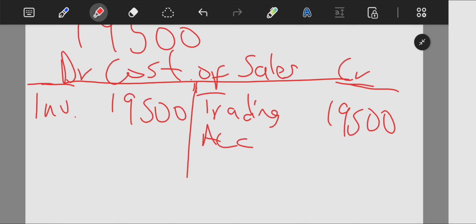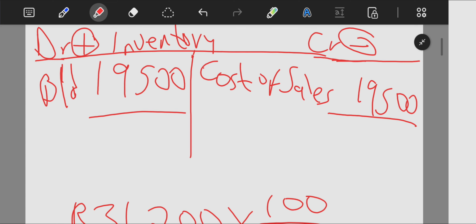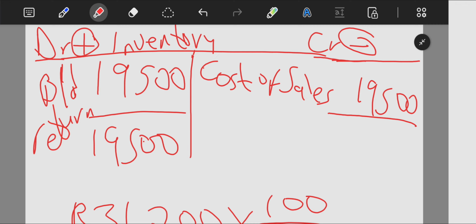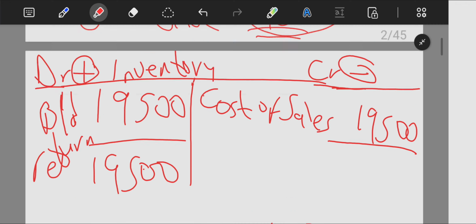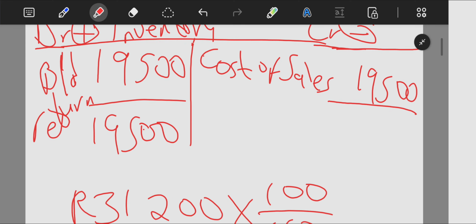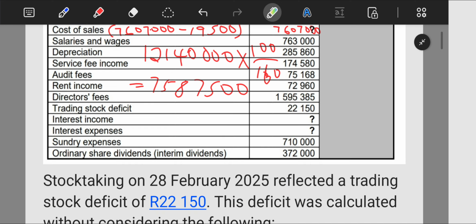So it is going to create a debit on our inventory. We are going to have 19,500 here. Let's just say return for argument's sake. So now in the value of our stock, we have 19,500, of which initially we didn't have anything. We had zero.